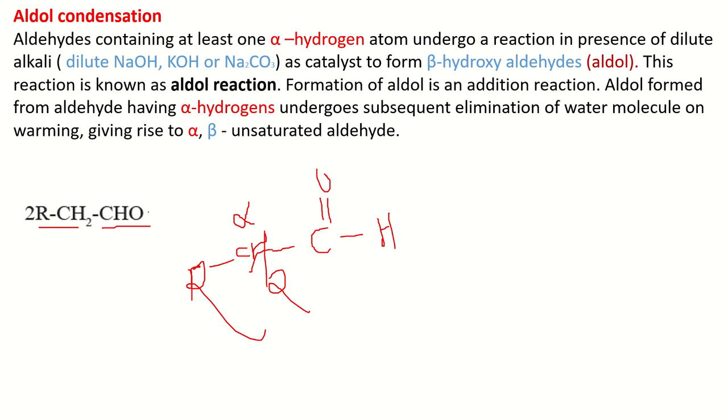Hence, there are two alpha hydrogen atoms which are closely attached to the carbonyl carbon. Means this propanal structure has two alpha hydrogen atoms. Clear?